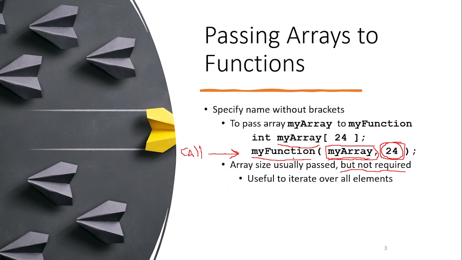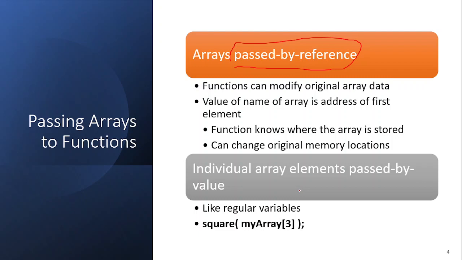Now this function is able to change the elements of this array, and usually that is what we want to do, and that is why we want to pass the array by reference. If you don't want this function to change the elements of this array, then you can pass it as a const reference. So functions can modify the original array data.